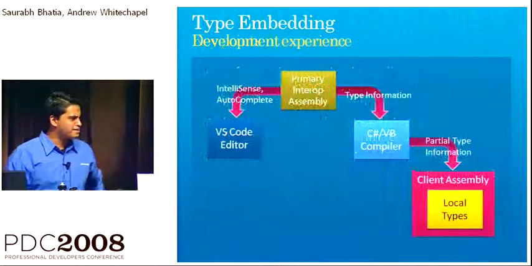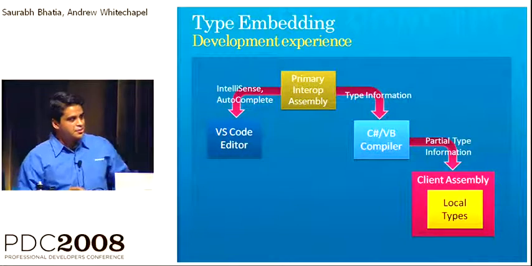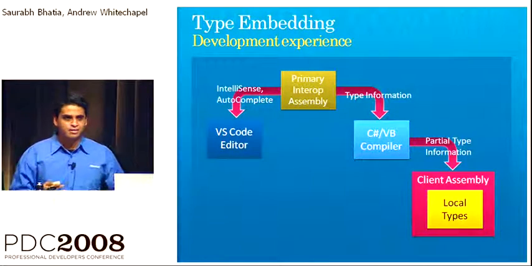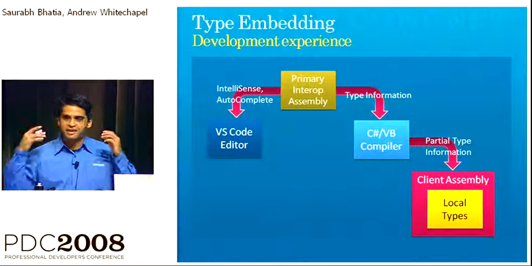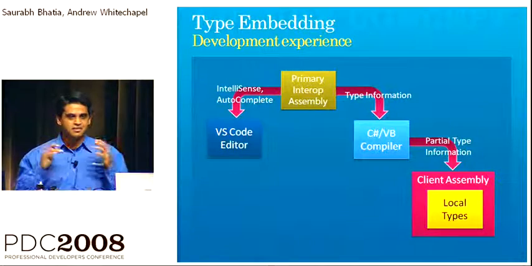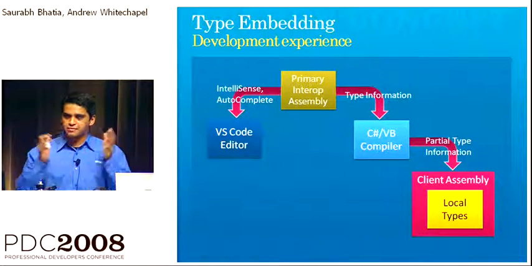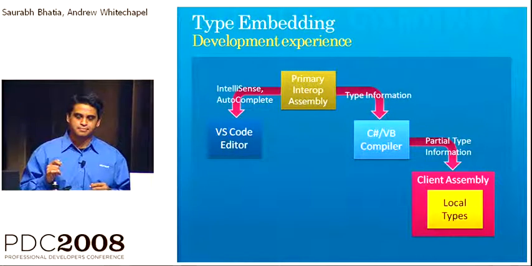Let's look at a little picture which might hopefully explain this a little better. You're in VS, using the code editor. You reference a primary interop assembly, and you can still get IntelliSense and the whole autocomplete behavior you're already used to, and it works just great. Now you compile your assembly and try to run it.